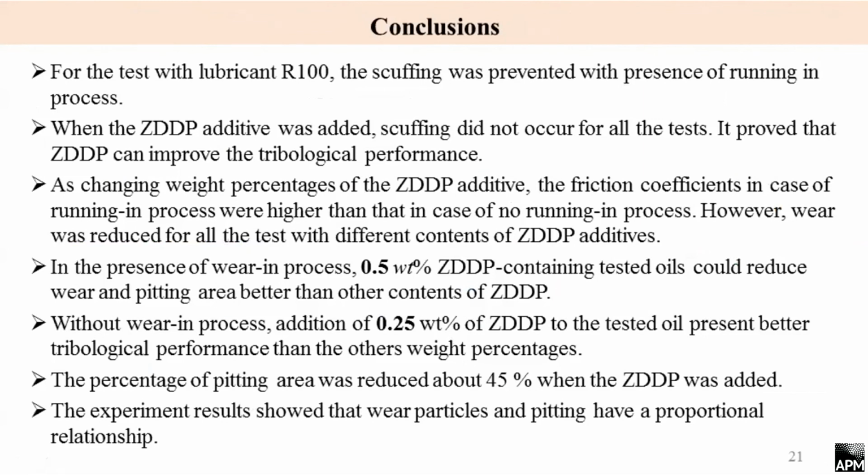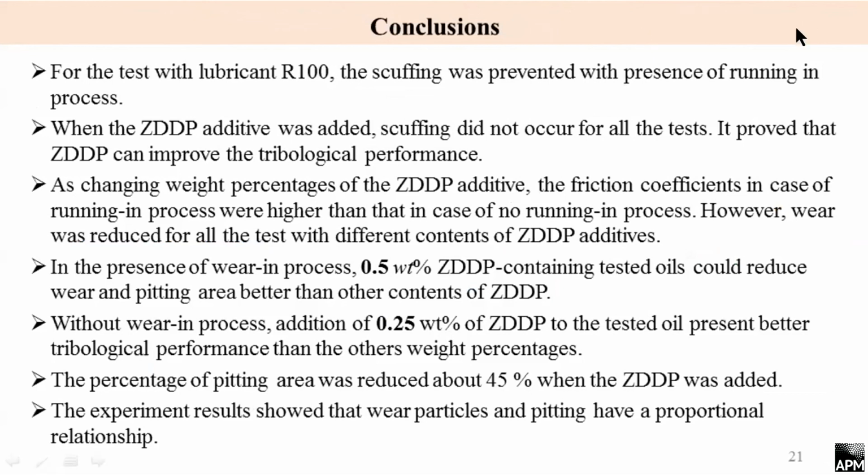Now, just to summarize, let's quickly look at the achievements in our research. First, for the test with lubricant R100, scuffing was prevented with the presence of running-in process. And when the ZDDP was added to the test, scuffing did not occur in any of the tests.